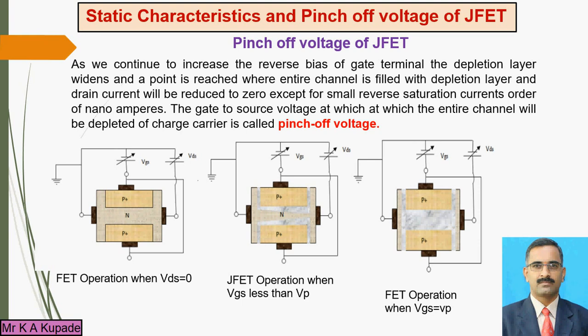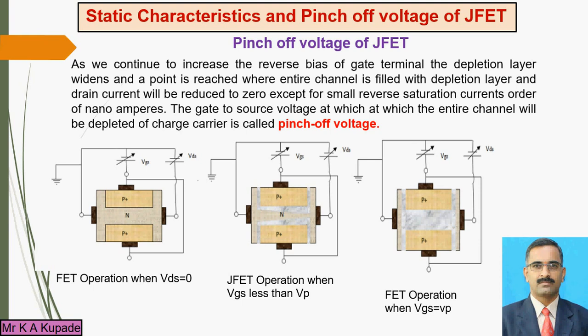Then also, as in the first figure, current flows from source to drain. Now suppose I apply the gate to source voltage after increasing VDS to some value.